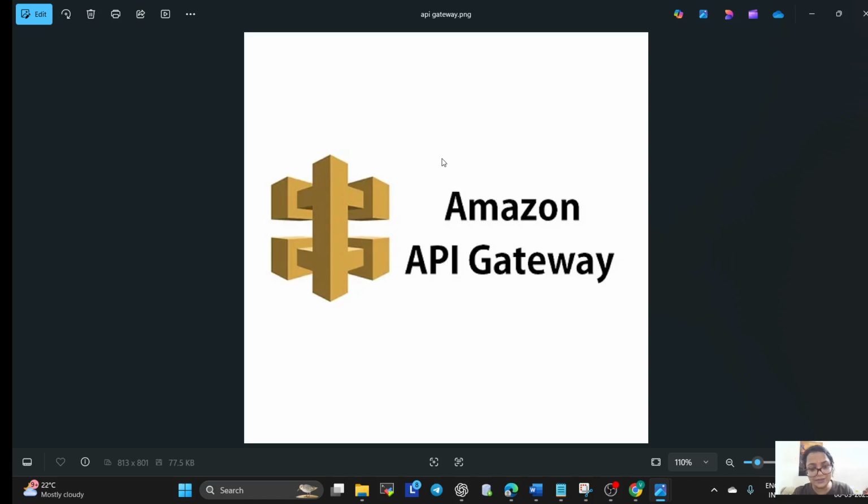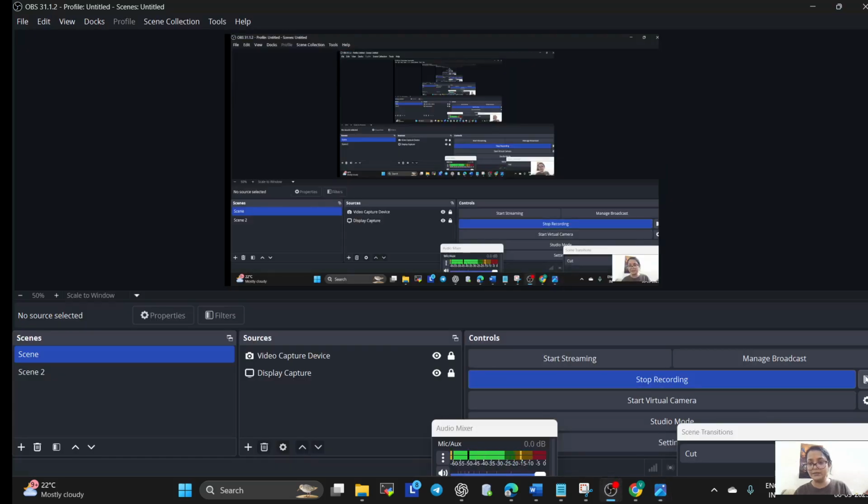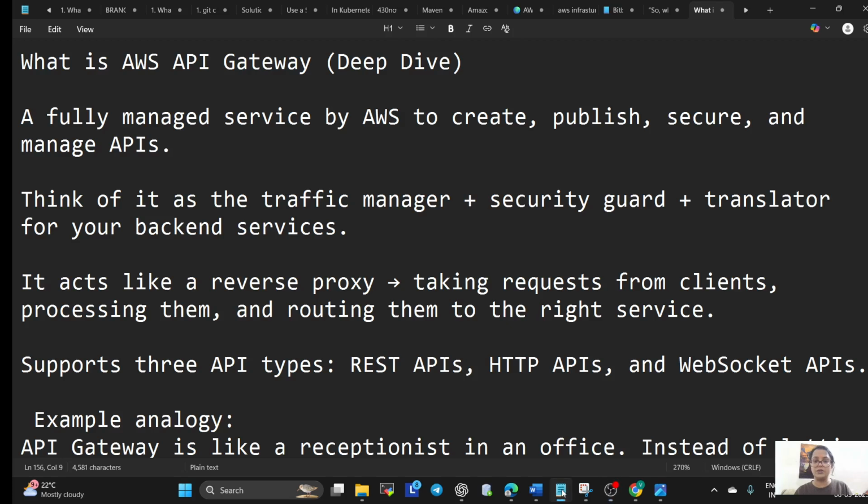See, the client doesn't talk directly to the backend. Instead, they send a request via API Gateway and it manages everything behind the scenes. So I hope you understand the concept of API Gateway and how it comes in. Now come to the definition part and then I'll show you the practical part.